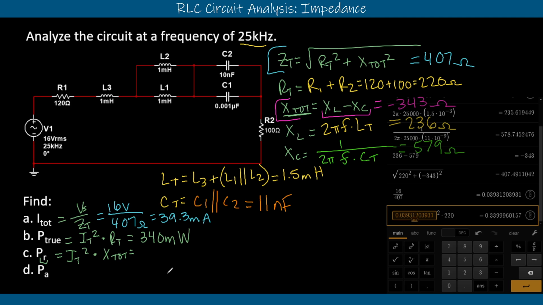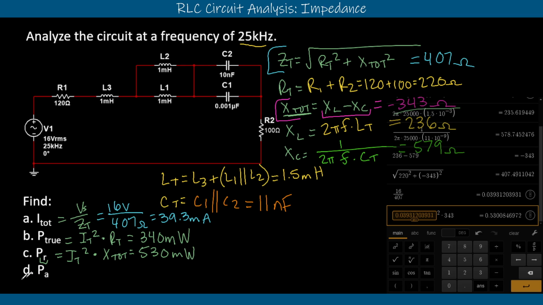Our net reactance. So when we solve that out, we can say the same thing here, but this time we'll put the net reactance in. We know that that was solved up here as 343. We'll leave it just positive like that because our resistance can't be negative. It just identifies that it's a capacitor instead of an inductor. We'll multiply that by 343, and we get a new wattage value for that. We said that our reactive wattage is actually 530 milliwatts.